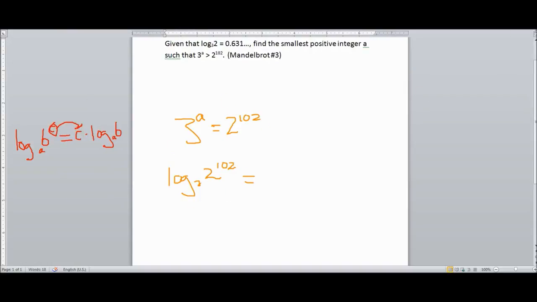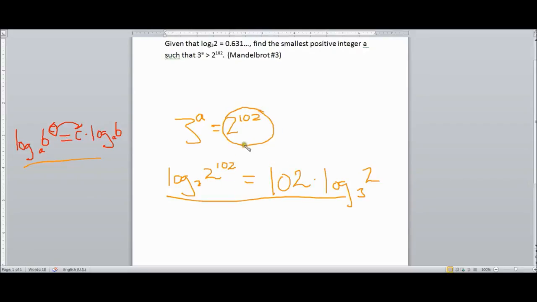So applying this to this problem, we know that 102 times log 2 is equal to this. This is a true statement from this equation. So we have this now in our equation.